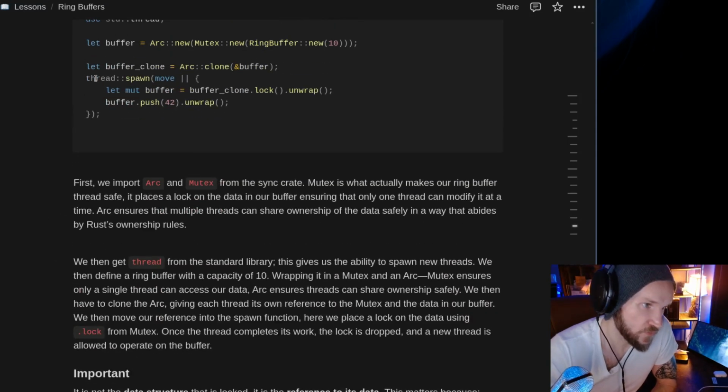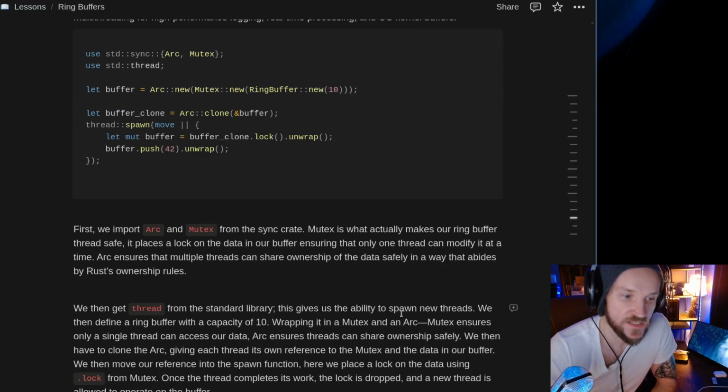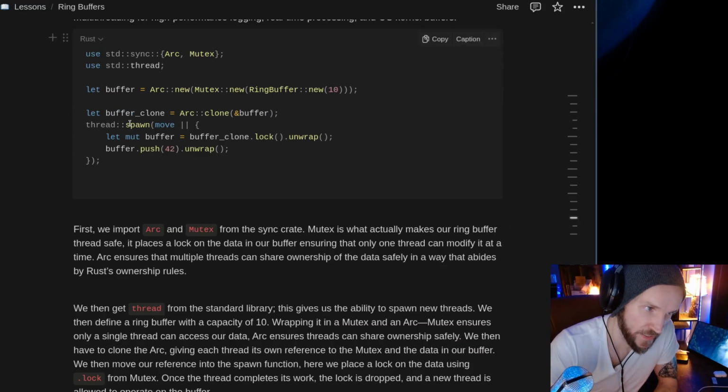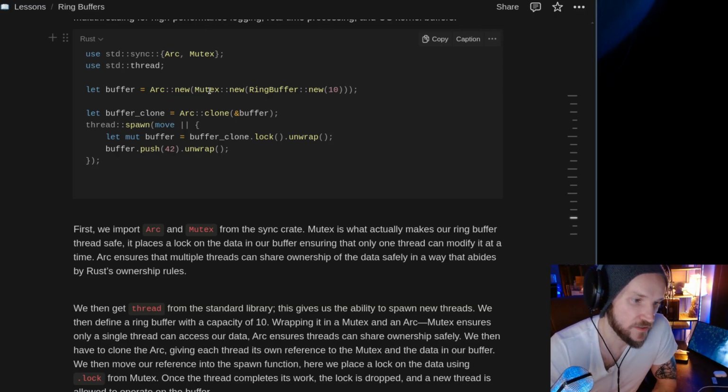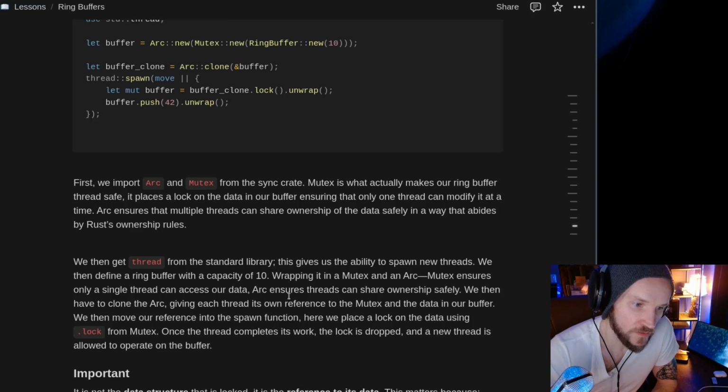Okay, and then we get thread up here from the standard library, and this gives us the ability to spawn new threads. And then we see here we have our ring buffer with a capacity of 10, and we wrap it in a mutex, and then we also wrap it in an Arc, right? Once again, mutex ensures that only one thread can access the data, and Arc ensures shared ownership safety.